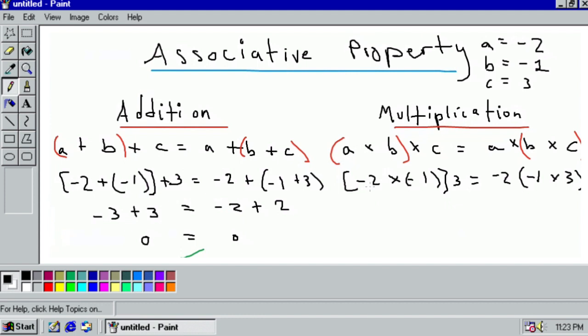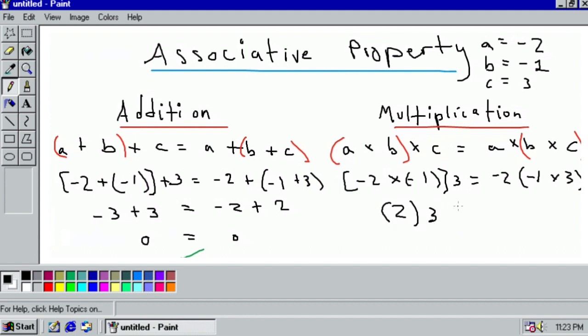Now for multiplication, -2 times -1 is 2, since both of them are negative, the answer will be positive.